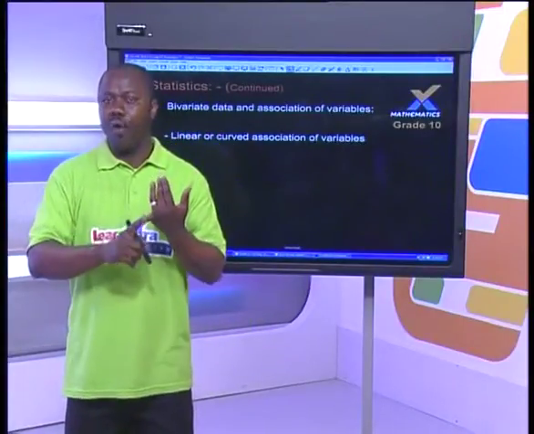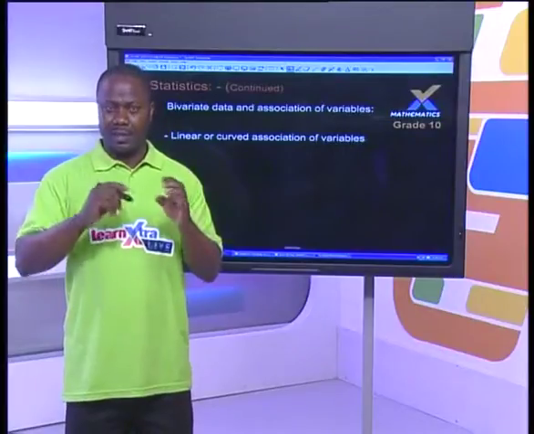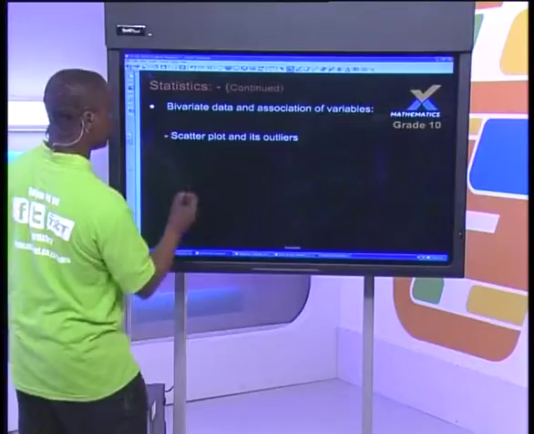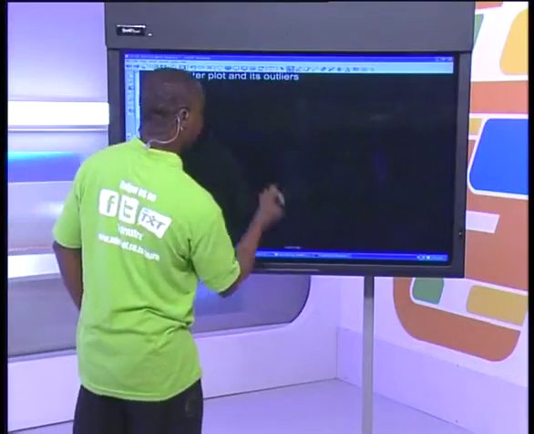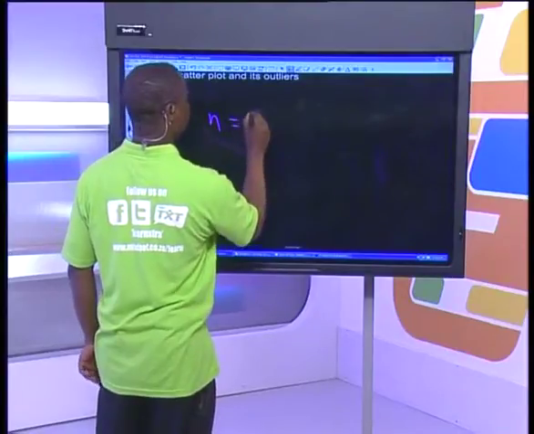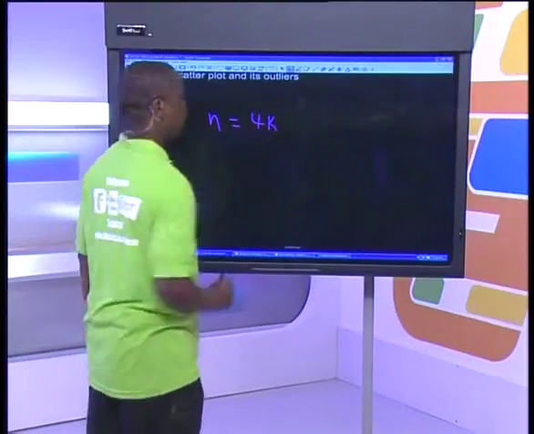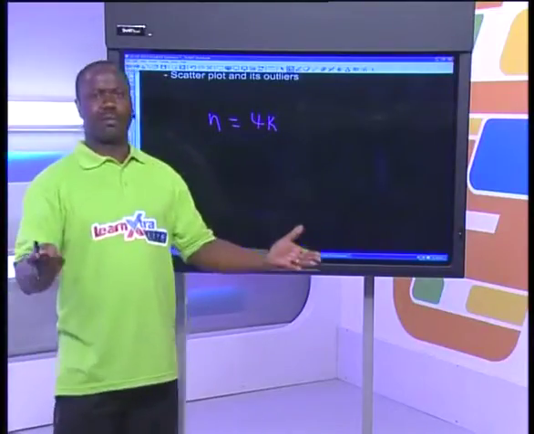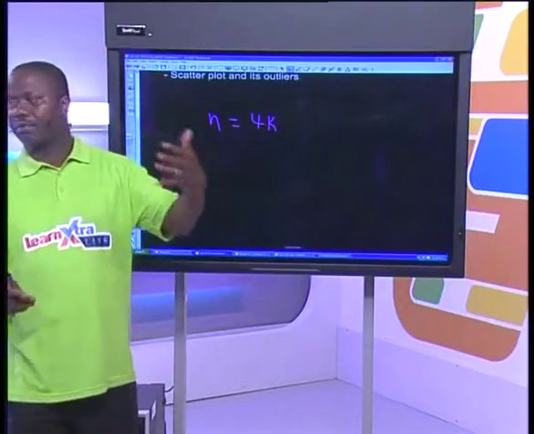Because we are talking about the quartiles, that's why I'm using 4 to determine the end. So if I just use this space here, I said n equals 4k. That is simply saying you've got a multiple of 4, like 8, 12, and all that.